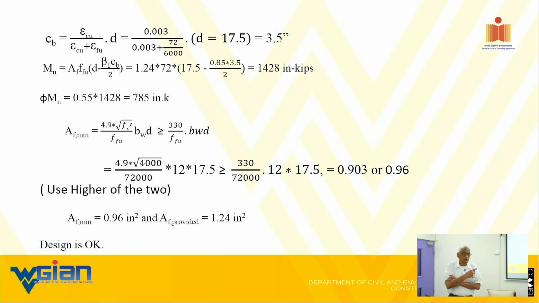So if you remember in the same example in the previous slide, we provided 1.24. So we have satisfied the minimum requirement. Okay, here, there it is, 1.24. So this is an extra check compared to the compression failure.